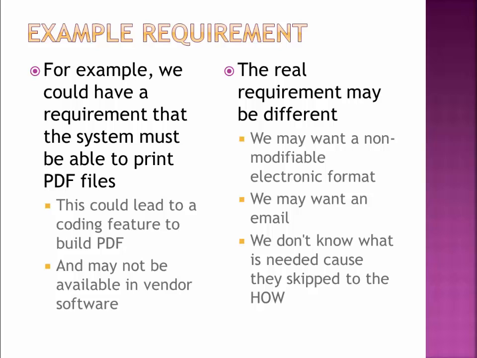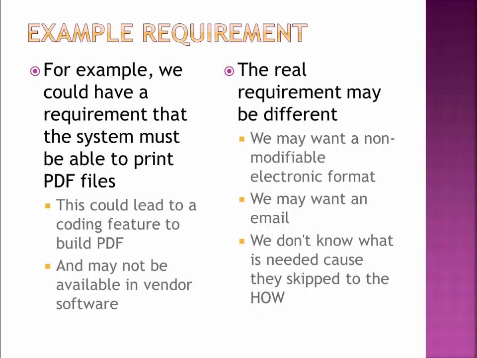Where the real requirement, if you ask behind the scene, was we need to make a non-modifiable electronic format. And so maybe it could have been an email, or it could have been a web page that gets printed by a plugin. So you pull a new web page that you create that then goes and requests the web page from the vendor site and then prints it to PDF as a plugin.